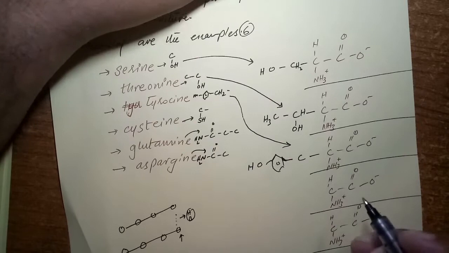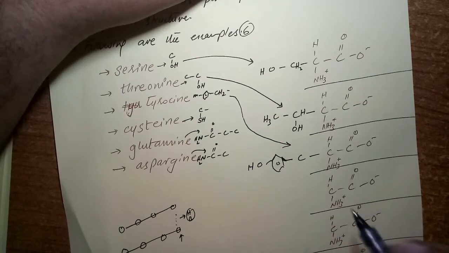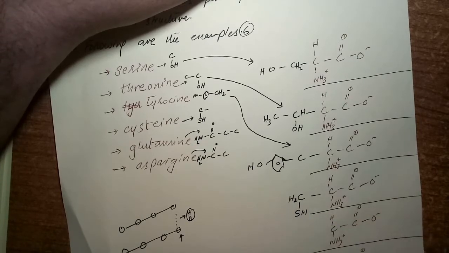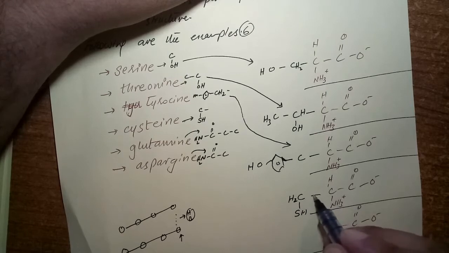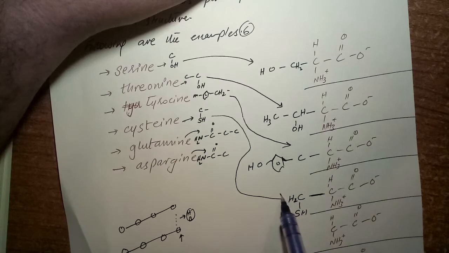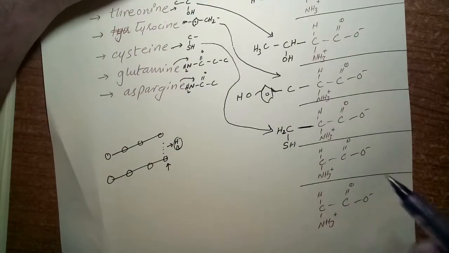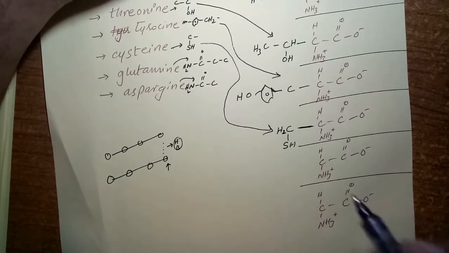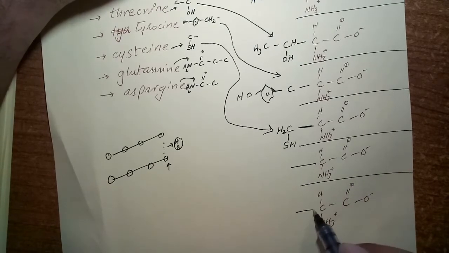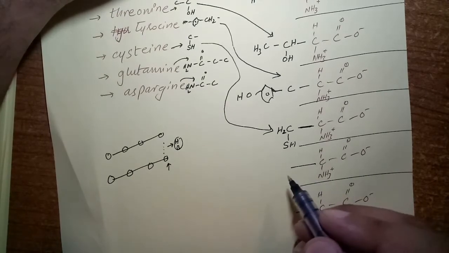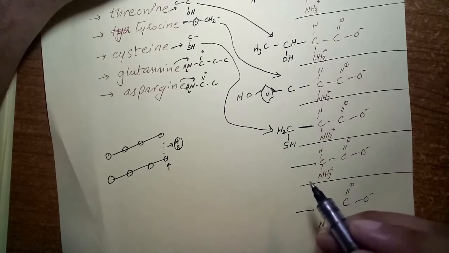Then we have cysteine. What we need to do is place a carbon here and place some sulfur here with hydrogen. I'm going to place 2 hydrogens here, so that becomes cysteine. Okay, so let's move ahead and talk about glutamine and asparagine. They both have the same functional groups, but there is one difference: in glutamine, you're going to place 2 carbons.